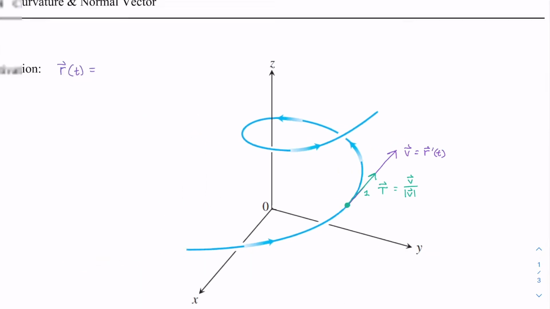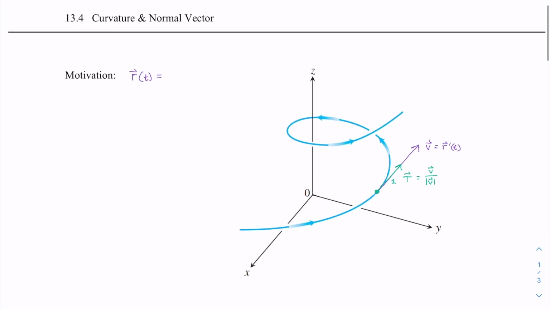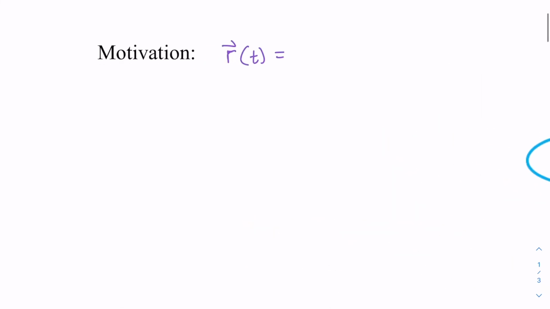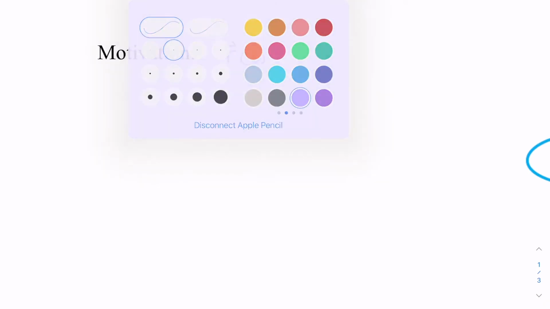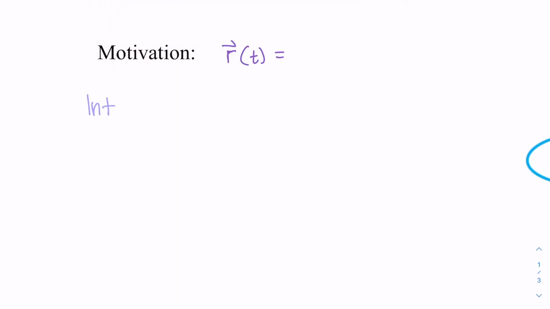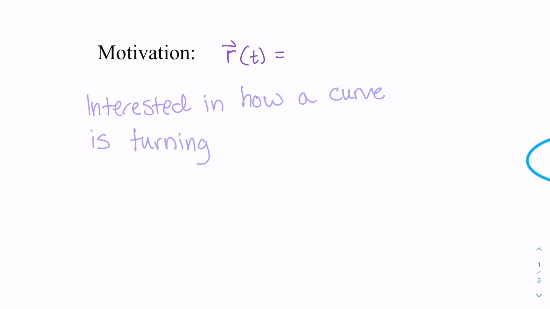So now that we've covered direction, where the particle is heading, we're going to be talking about curvature, which we want to study in this section. We're interested in how a curve is turning, and we'll call that its curvature.